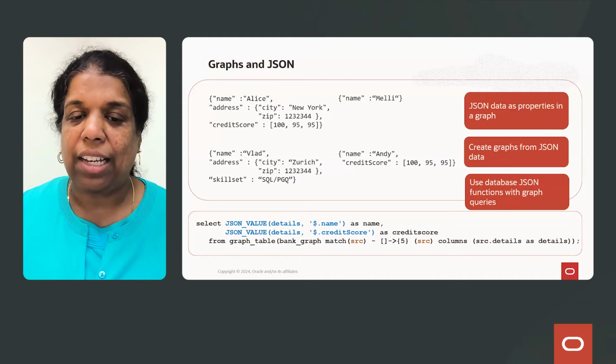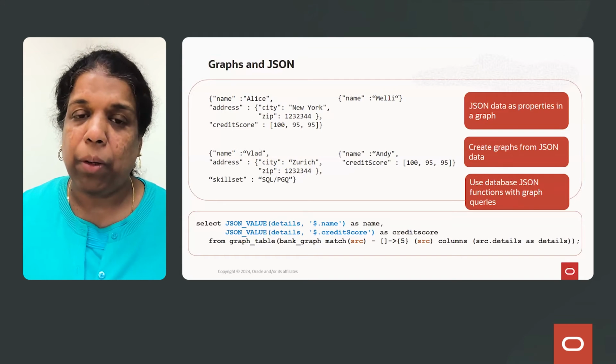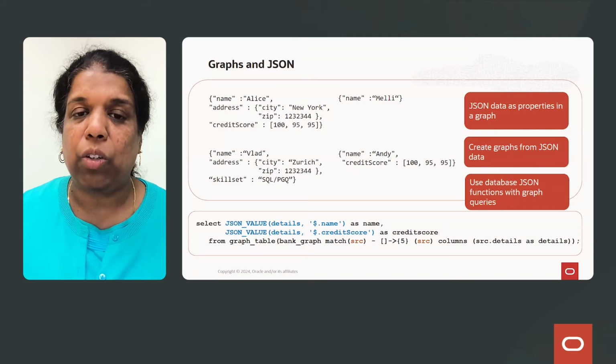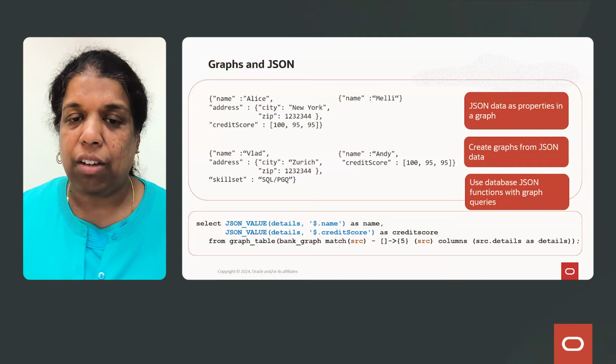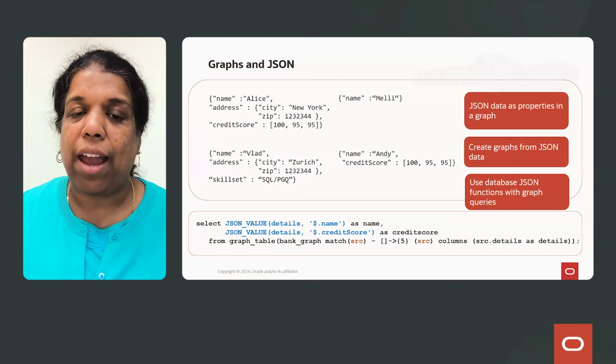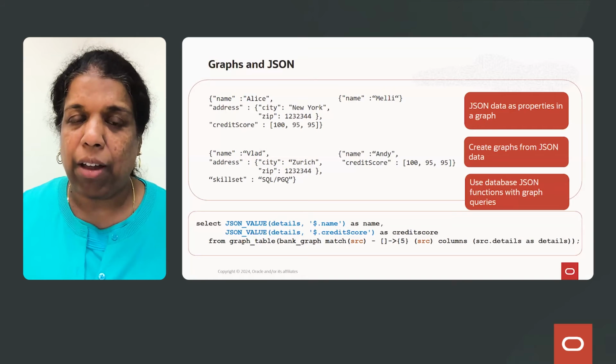So I can just select the name attribute or the credit score attribute that I want to retrieve from this JSON document. When I created the graph, I could also have selected the JSON attributes that I want to include. So if I don't want to include the entire JSON document in my graph, I can select the JSON attributes that I want to include in my graph as properties.